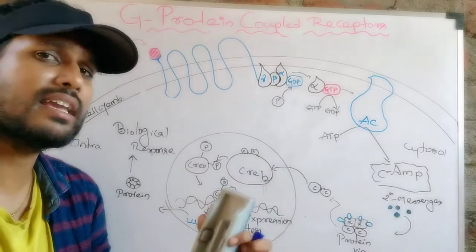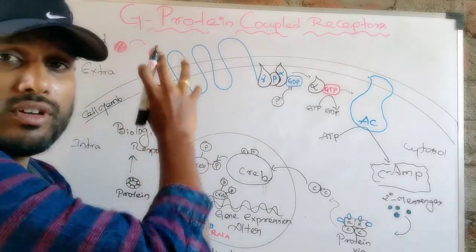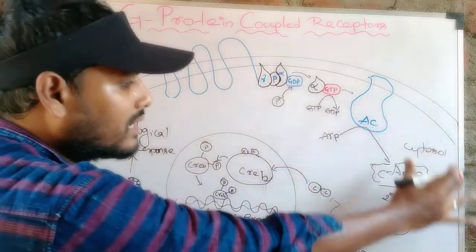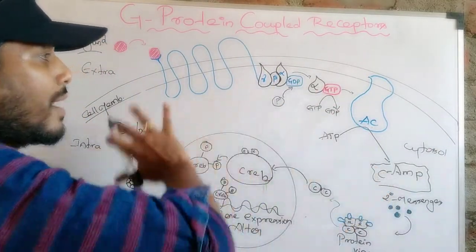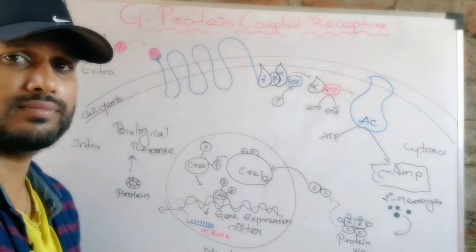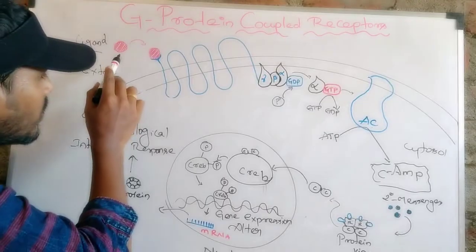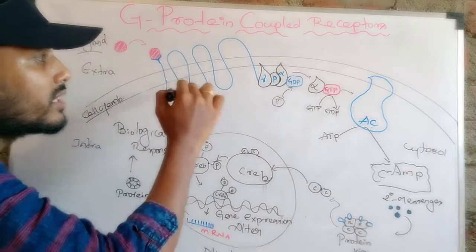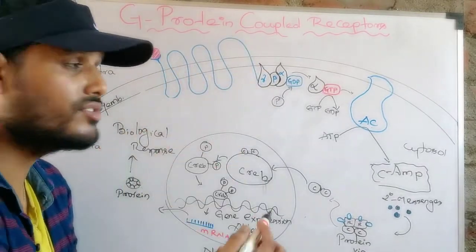Continuously in your body, cyclic AMP production will happen due to the stimulation of one signaling molecule. So I have explained in depth at the molecular level what exactly will happen in G protein coupled receptors. Okay, let's check it out. Whenever the signaling molecule gets in contact with the G protein type of coupled receptors, these receptors undergo conformational changes.